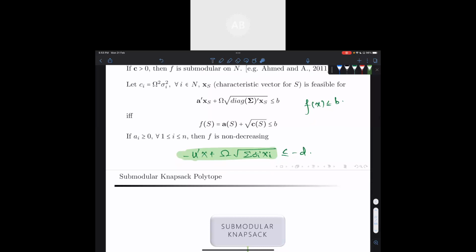First of all, I said that the convex hull of this set is a polyhedral set.